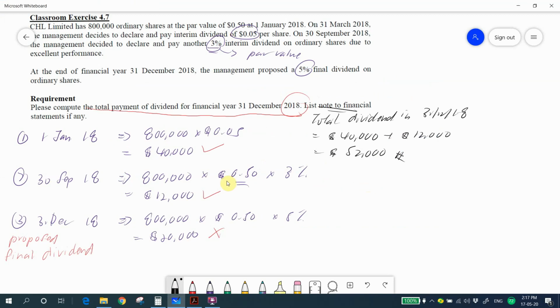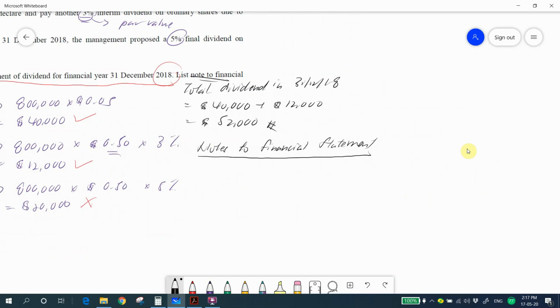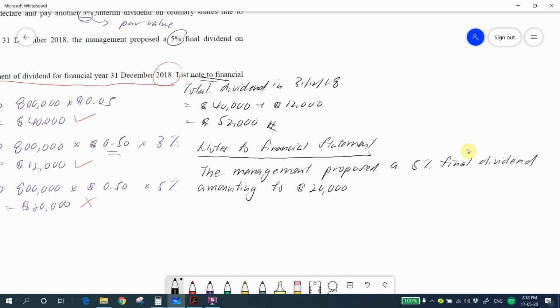So we write down what is the notes to the financial statement. The management proposed a 5% final dividend amounting to 20,000 for the financial year 31st December 2018.